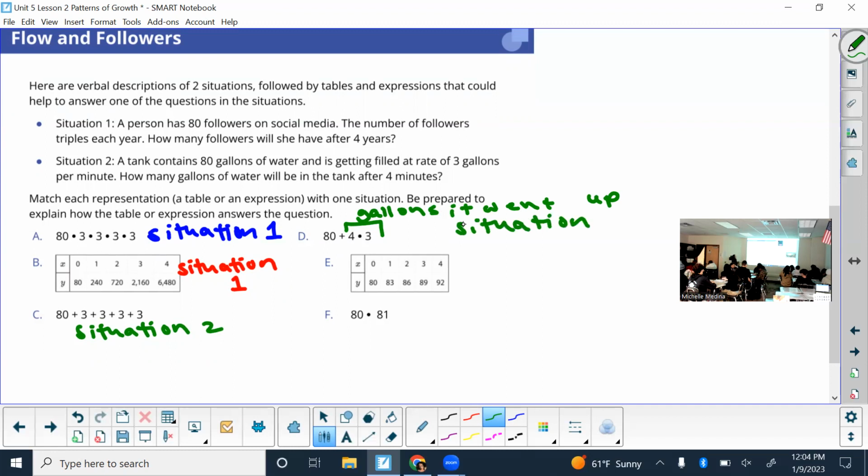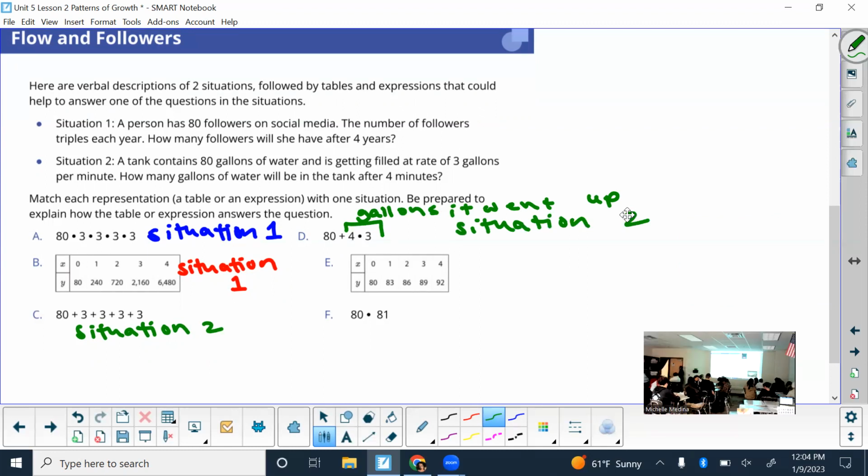Table 6, what would E best go with? Good. Because what's the pattern in situation 2, Dylan? Adding 3 each time. So the X represents what in this case? In minutes, good. So that's how many gallons if it goes up 3 gallons per minute.